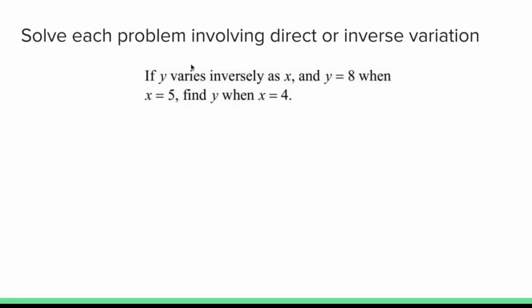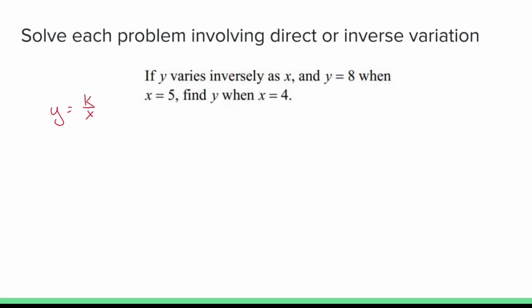Solve each problem involving direct or inverse variation. So if y varies inversely as x and y equals 8 when x equals 5, find y when x equals 4. Y varies inversely as x means y equals k over x, because that's inverse variation. What I need to do is find out what k is by using these first.